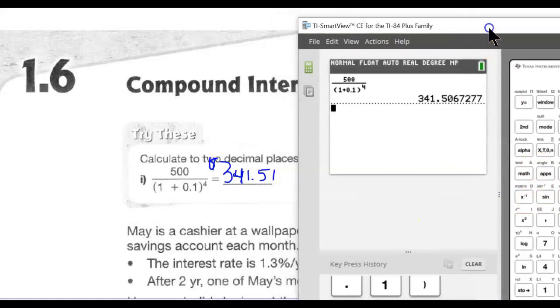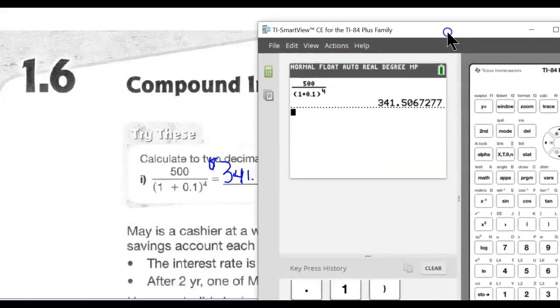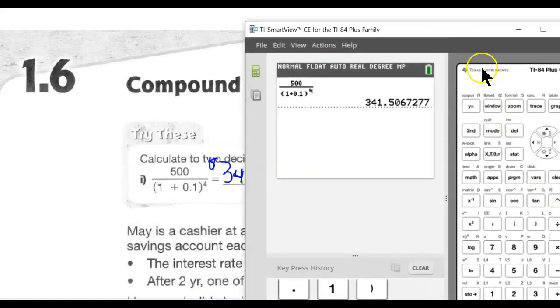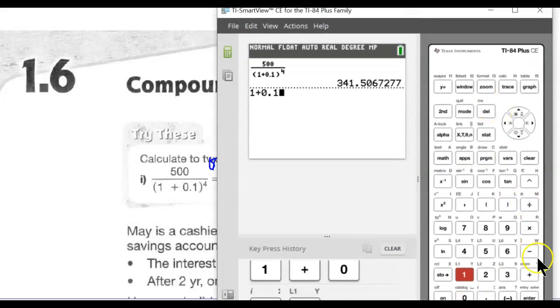So what you can do, most scientific calculators have a bracket key as well as an exponent key. Actually, even without using brackets, if you think about order of operations, we do inside the brackets first. So 1 plus 0.1. Okay, so that's inside the brackets. Then we're going to raise that to the exponent 4.